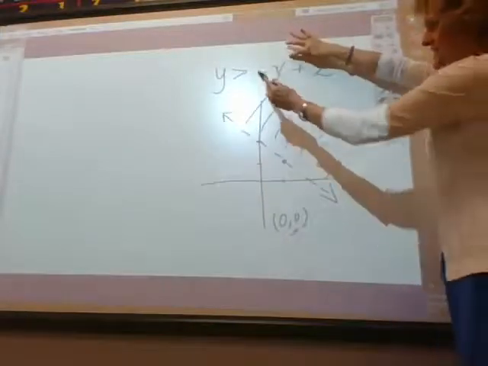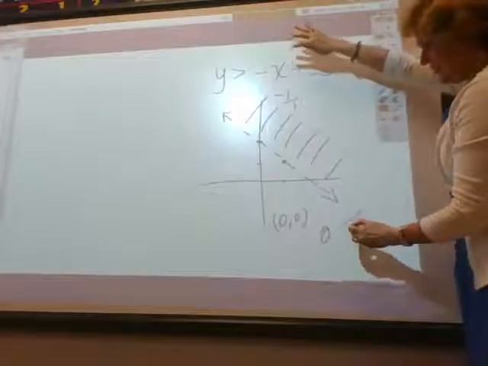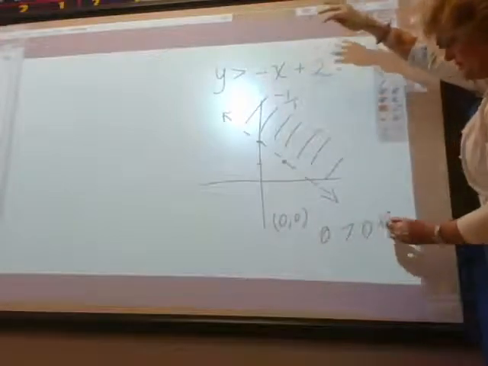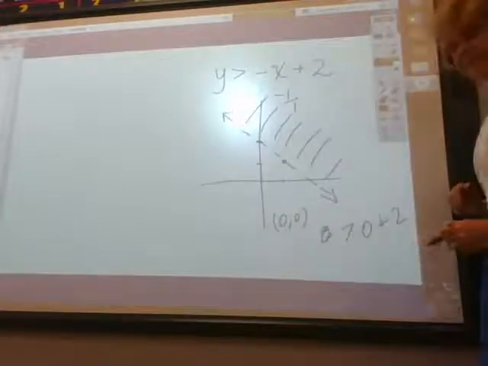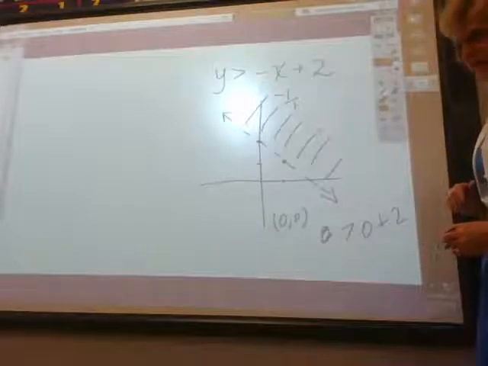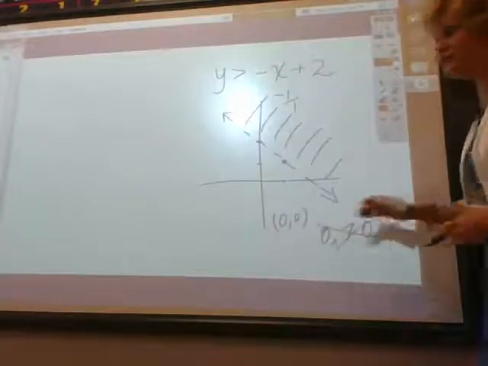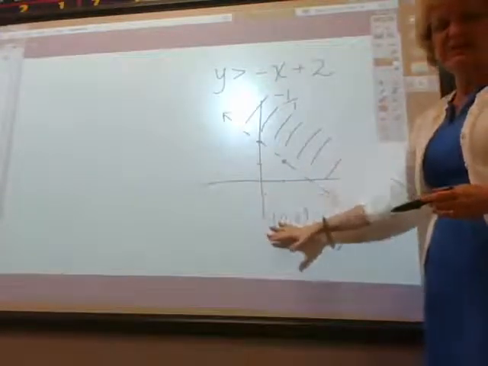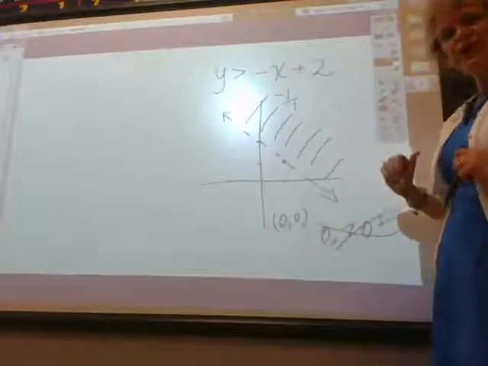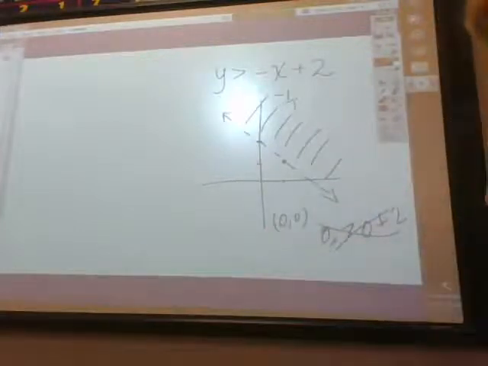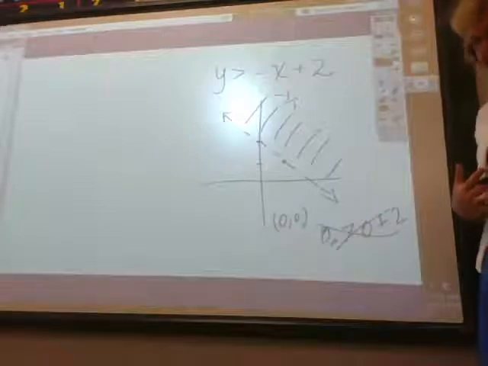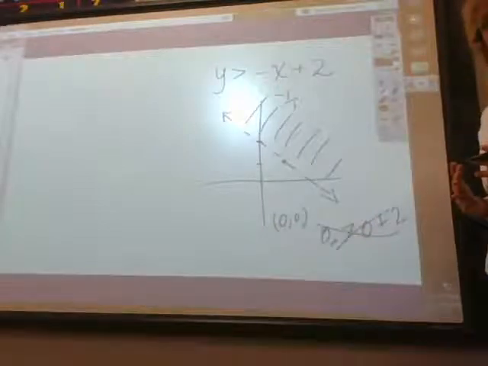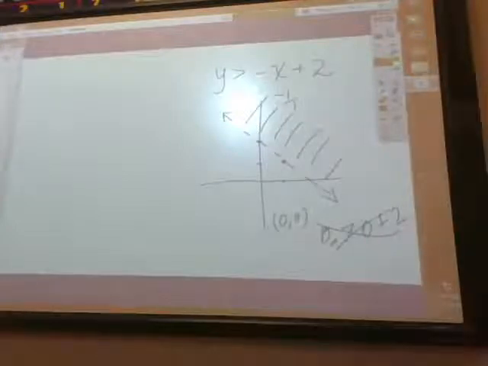All right, so let's see. 0 for y, greater than 0 plus 2. Is this true? Oh, it's false. 0 is not greater than 2. Well, that's good. I wanted it to be false. I don't want it included in my shaded area. So we're good to go. Again, if that is confusing, maybe you want to rewatch that. Hopefully it'll make sense the second time. All right, let's do another.